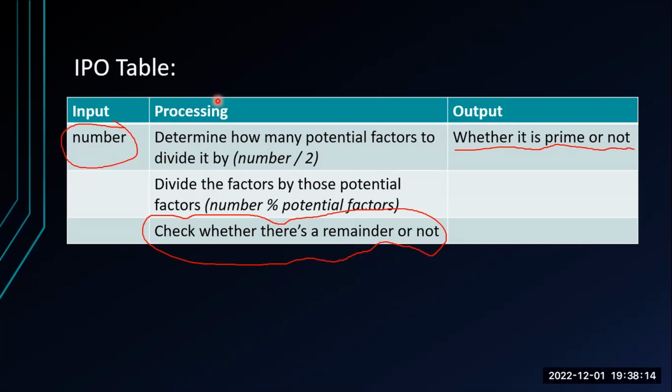So pretty much all numbers from 2 to the halfway point. And we'll use the mod function for it to see whether there's a remainder or not. And then we would have to check to see whether there is a remainder or not. And then that would produce the desired output of whether there is a prime number or not.